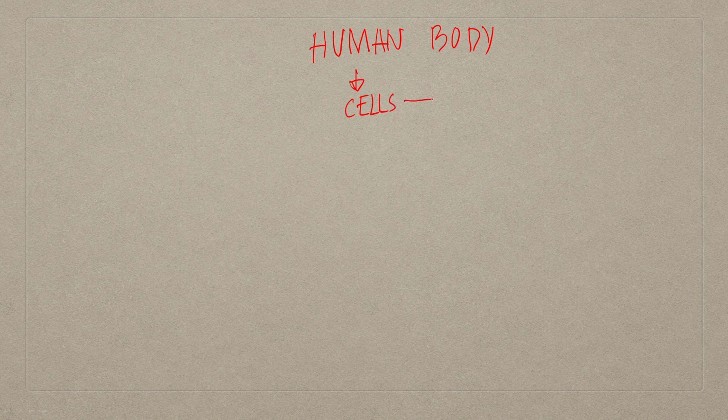So, the human body consists of billions of cells, and as you know, the hierarchy is cells, they form tissues, they form organs, organs form systems, and systems integrate with each other to form the body as one unit.